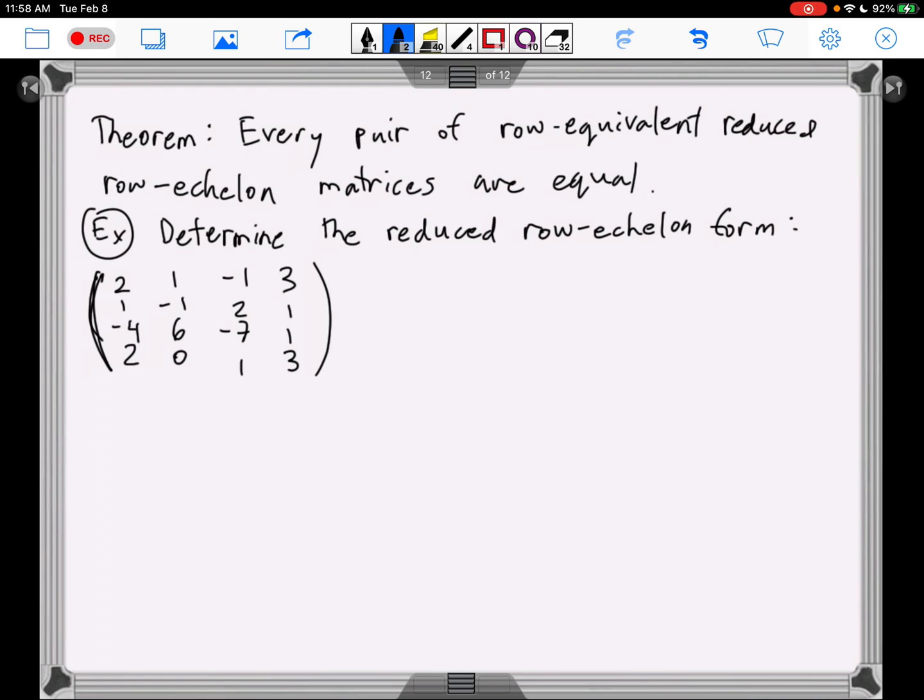So we're going to begin this. And if you notice, this is actually an old example that we did, a couple of examples ago. So maybe what we could do is start with the answer that we got last time.